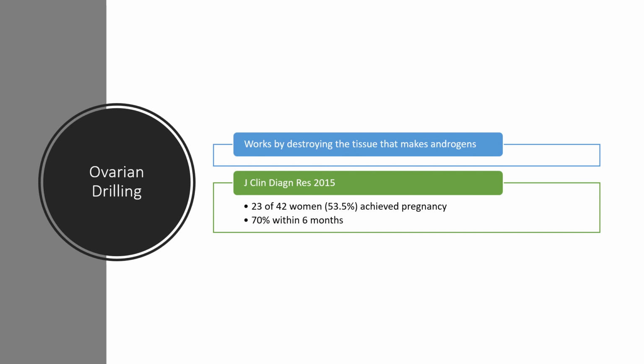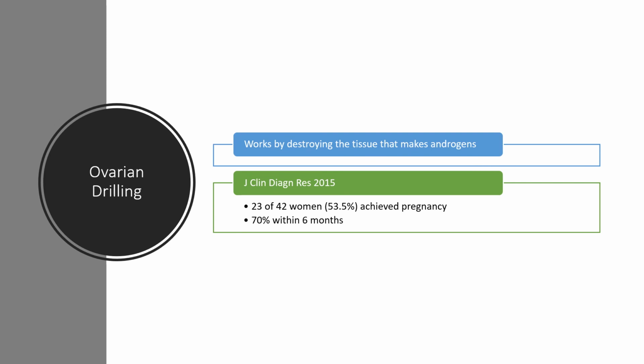And ovarian drilling. You have probably seldom seen this done in our institution, but Dr. Brown has been doing a few for some of my Clomid resistant patients. It works by destroying the tissue that makes androgens.